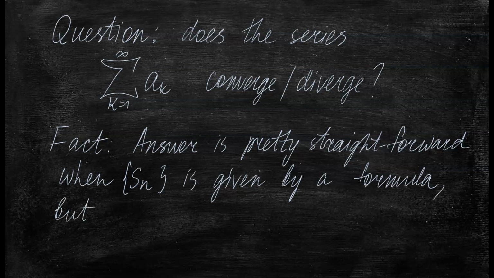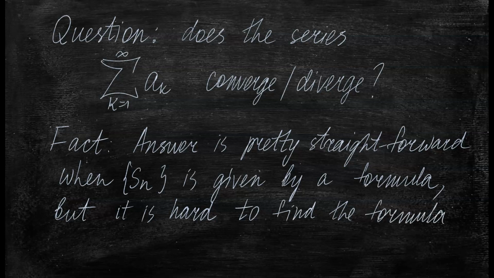But this question is not so easy when this formula is not given. And in general, it is really hard to find the formula for Sn. So this is the biggest problem here. We kind of know what we would have done if we had the formula. The problem is that it's very unlikely that we will be given that formula.